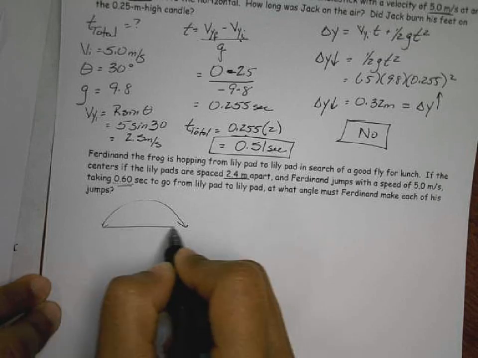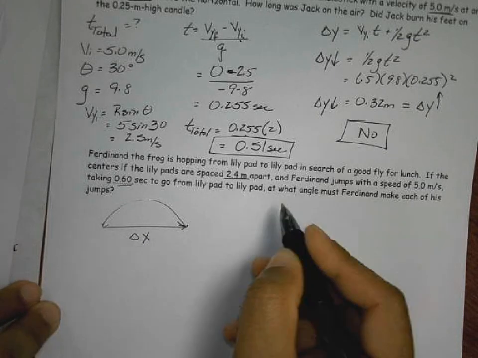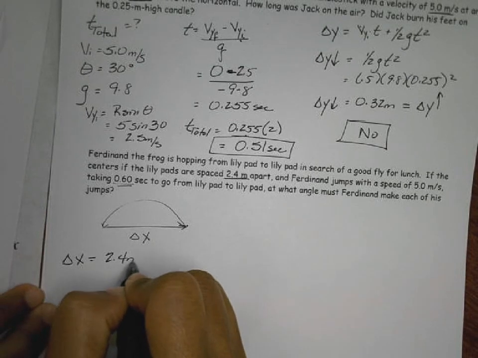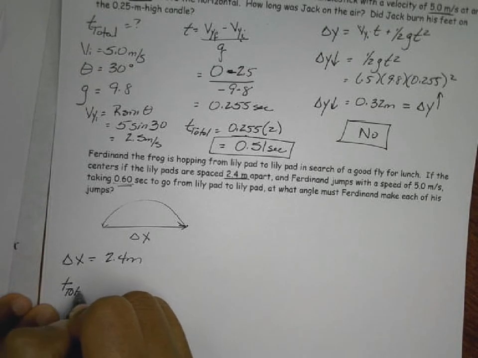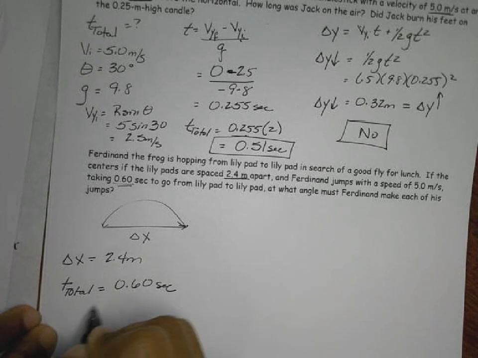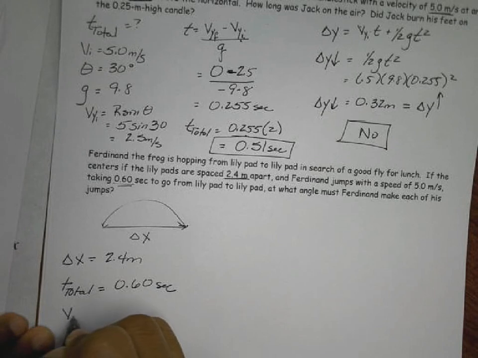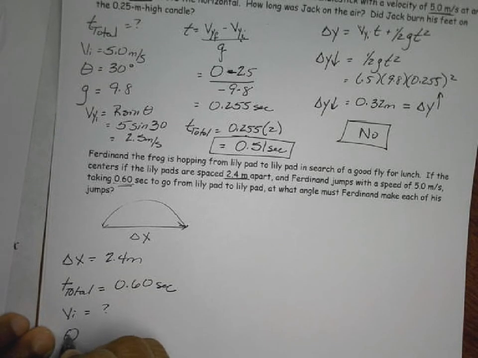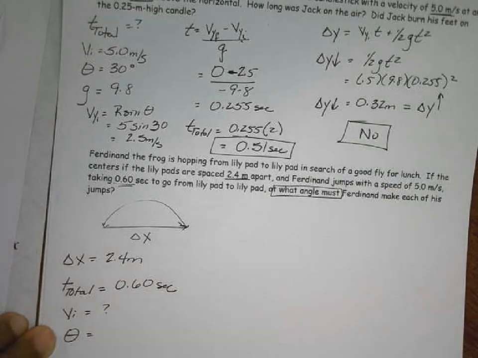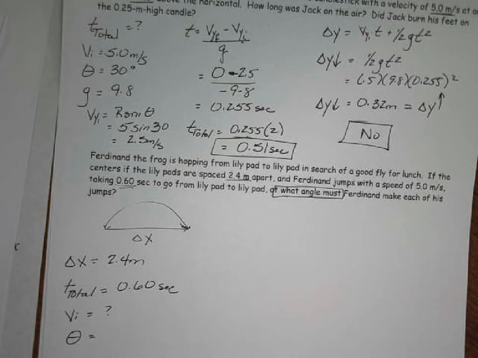This has to be my delta x. So I already have some information. Delta x is 2.4 meters. T total is 0.60 seconds. And I need to know what the initial velocity is. That'll help me so I can find the angle, which is really what the question is talking about. Well, all the information that I'm given is on the x-axis.